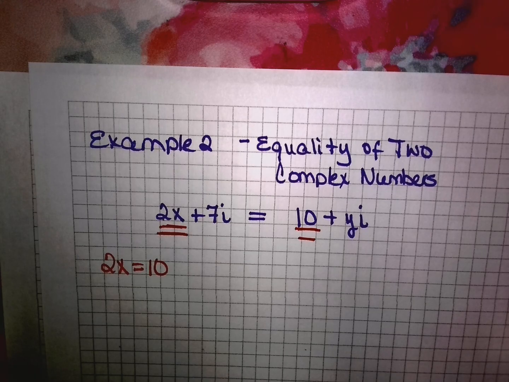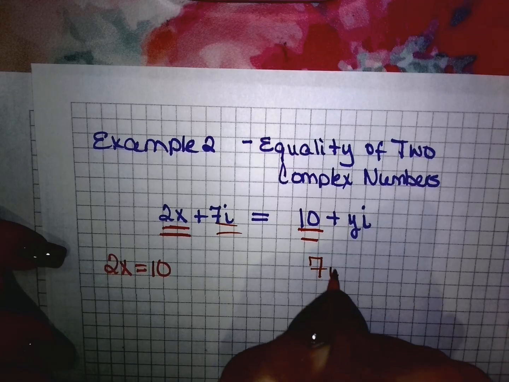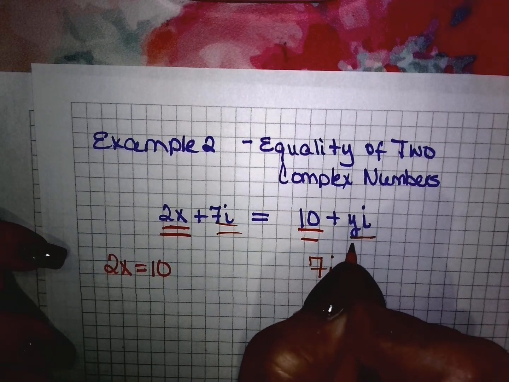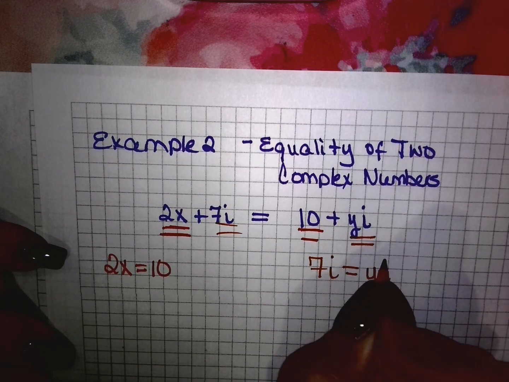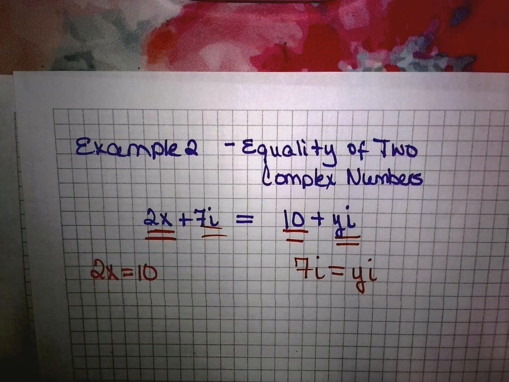And that also tells me that 7i must be equal to yi. Okay, the two imaginary parts must be equal to each other.